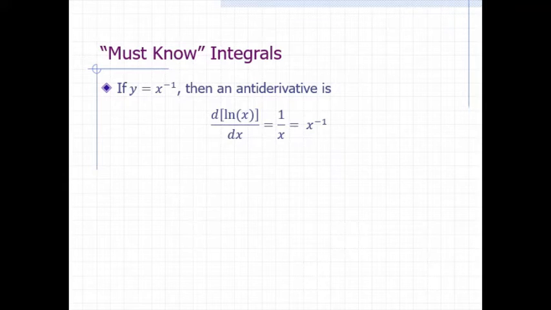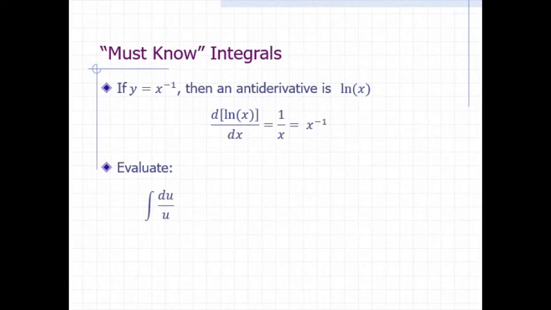We know that the derivative of ln of x is 1 over x, or x raised to the negative 1. Therefore, what would be an antiderivative for y equals x to the negative 1? That would be the natural logarithm of x. What is the integral of du over u?